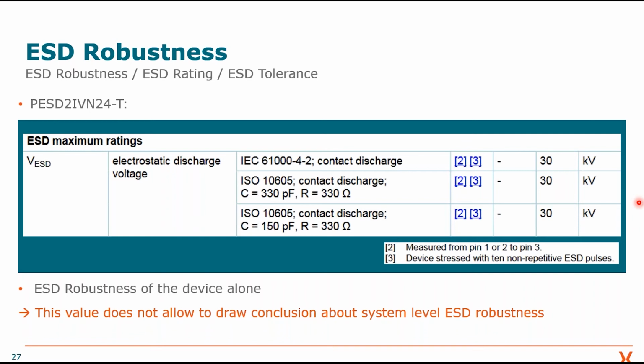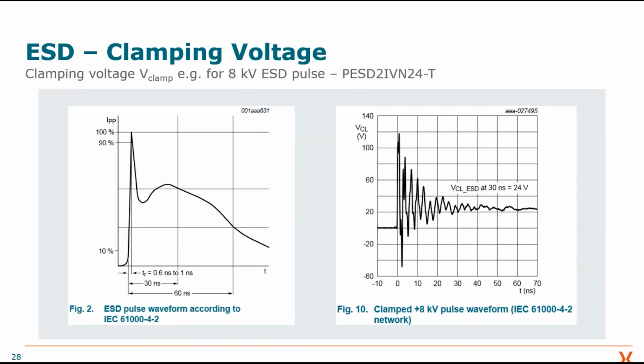We have a high safety margin, but again, this number here, 30 kV, does not mean that this device is protecting the system with 30 kV. It's not telling us something about the system level robustness, only about the device itself. And if we want to have an answer on the system level robustness, we have to focus on the clamping voltage, which is the next parameter.